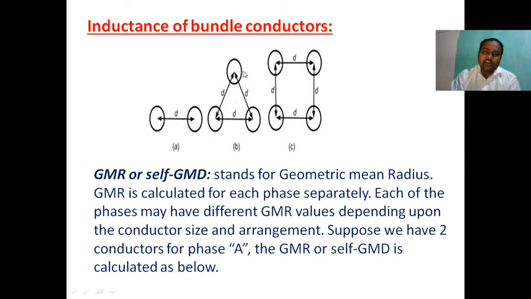This conductor to this conductor distance is D, and this conductor to this conductor distance is D. Totally three combinations. Every conductor has three possibilities.